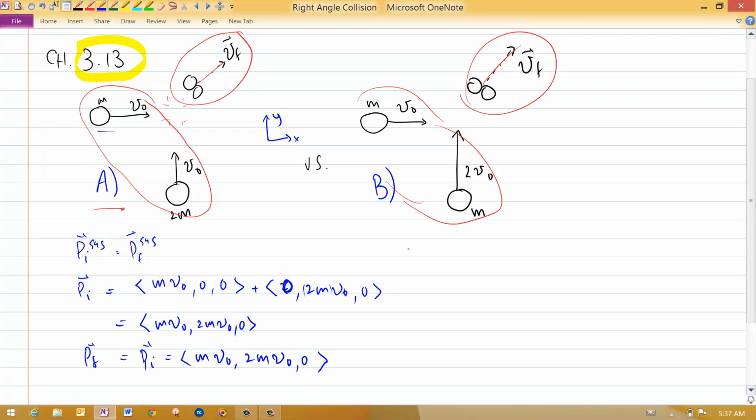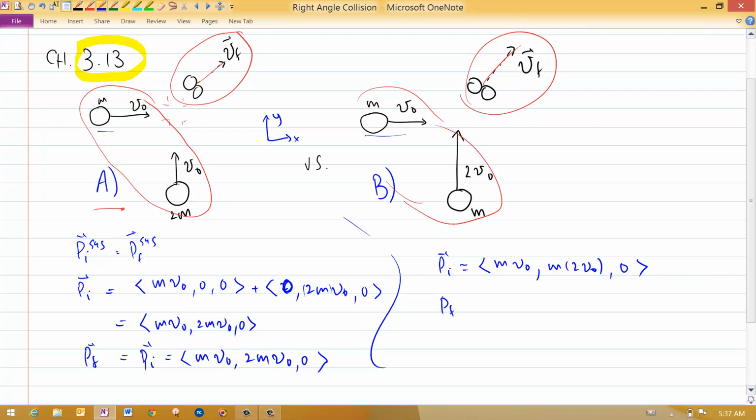So that's what the analysis of the momentum principle tells us for situation A. Let's see what it looks like for situation B. For situation B, I have my initial momentum. Again, I've got something that has just an x component of momentum and something that's just a y component, so I'll write those two vectors together. In the x direction, I have m v0, and then 0 from this one, and 0 for z for this one. In the y direction, I have m, but now times 2v0, so I've got one car having a velocity 2v0, and 0 in the z direction.